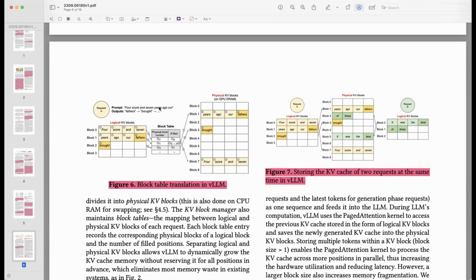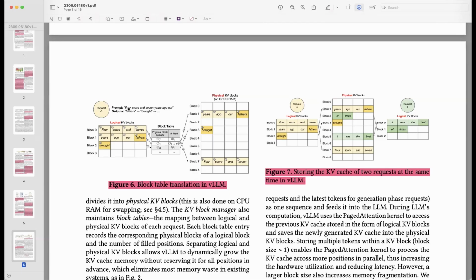In the prompt phase, you have the block size. By block size, they mean the number of tokens per page. So say the block size is 4. You'll always be allocated space for 4 tokens at a time. You can't be allocated 2, 1, or 3. You'll always be multiples of 4.